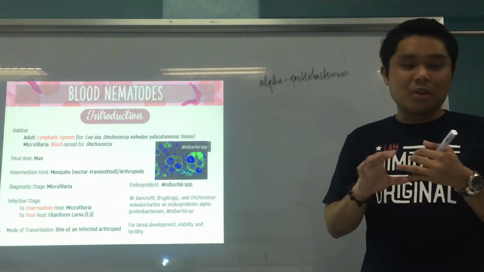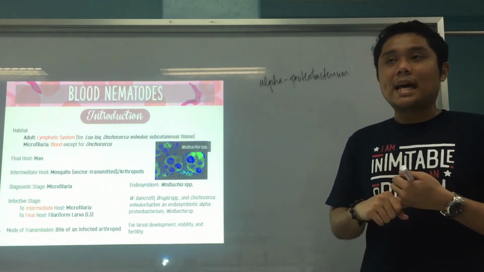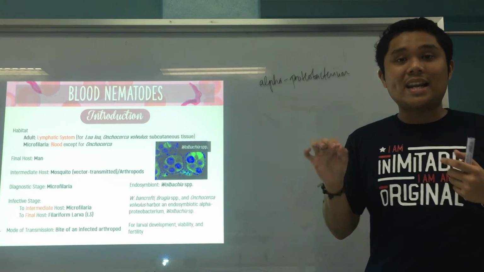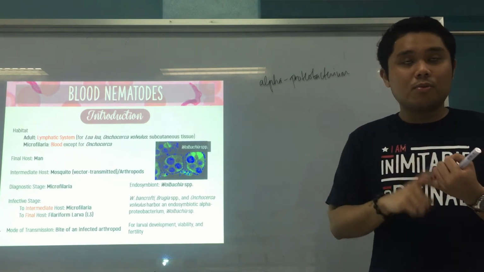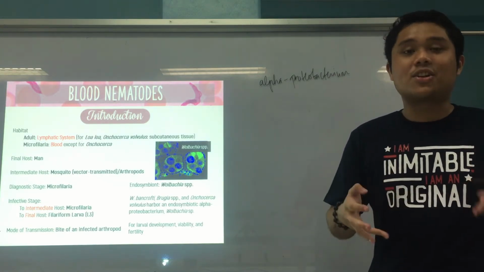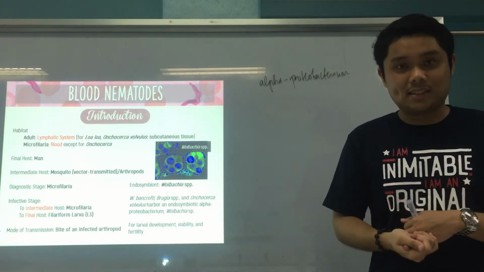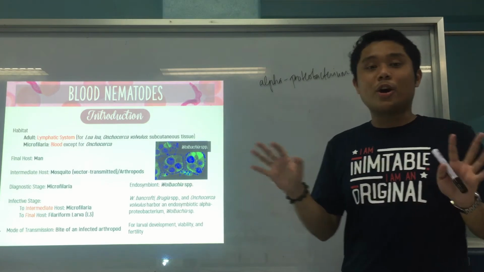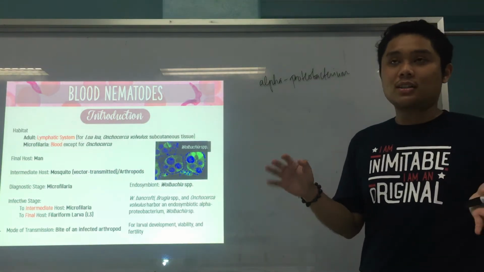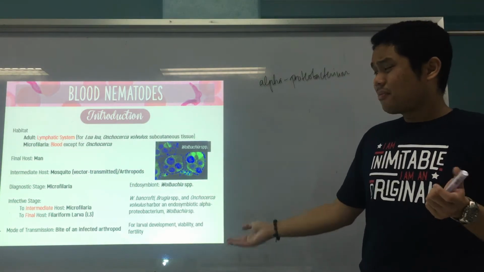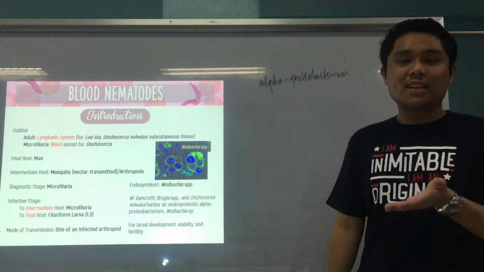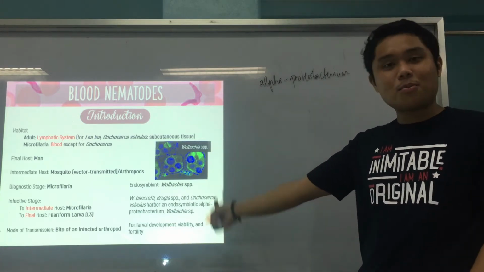This makes sure the filarial worms are really killed, because there will be no endosymbiont to support their growth. So it's a combination of anti-filarial drugs and drugs against Wolbachia. Please take note, this is often asked in the boards.